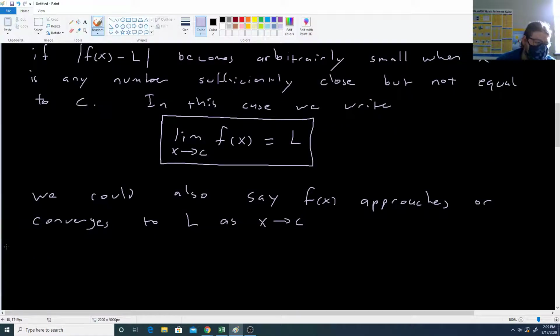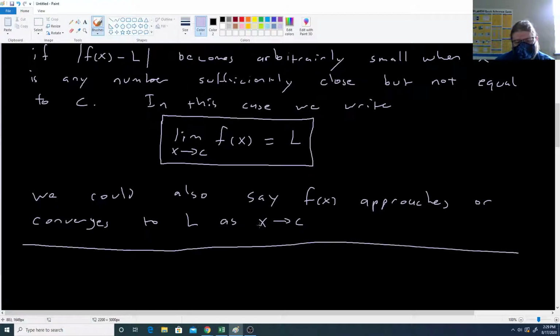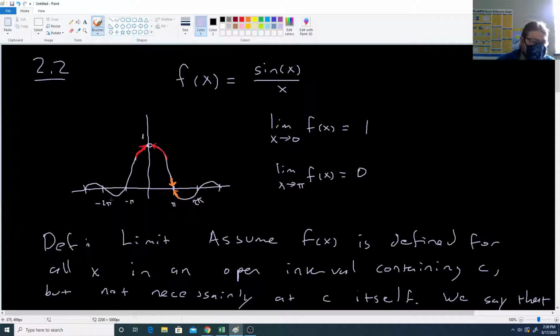So what this is saying is, if you let your x values get very close to c, is there some number that the y values approach as the x's get closer to c? Like back to our example, as our x's get very close to 0 down here, our y values got very close to 1 based off of this function.